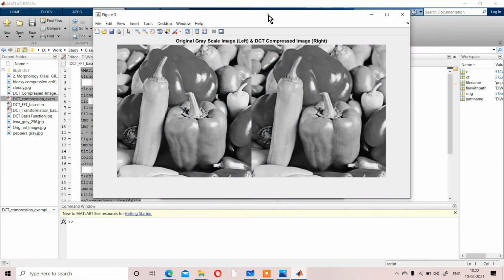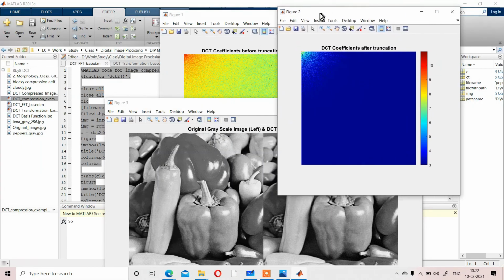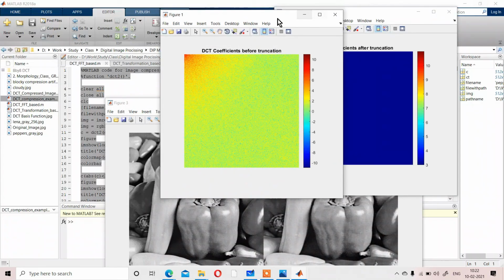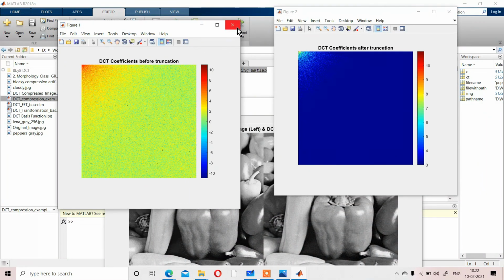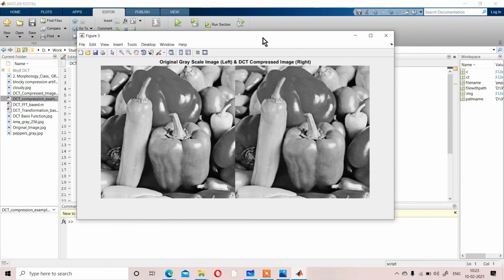See, these are the two coefficient images. I have already told you. If we display the image, left defines the original image, right defines the DCT compressed image. You can check it.